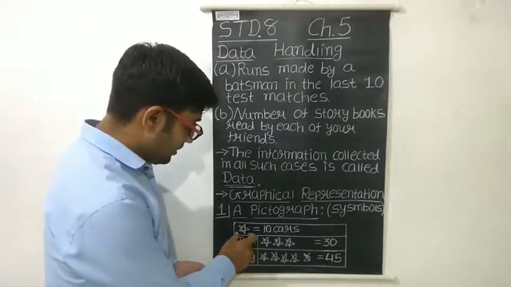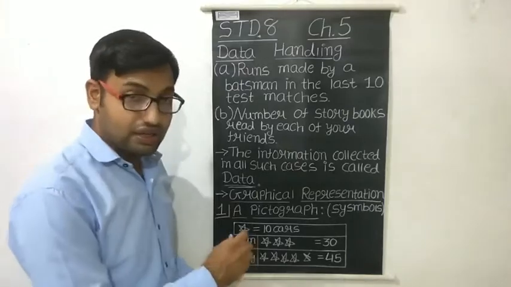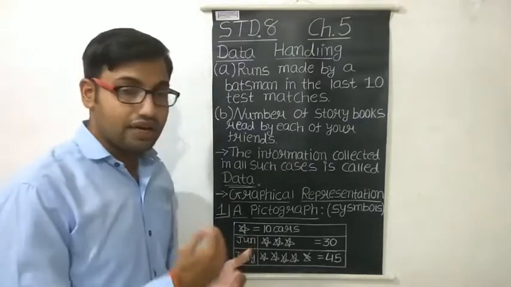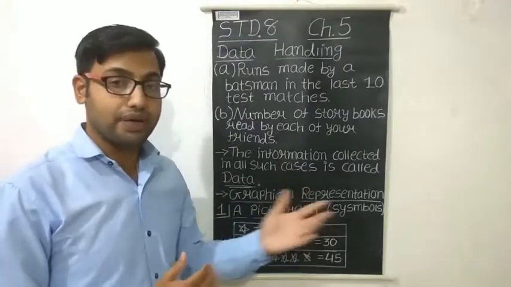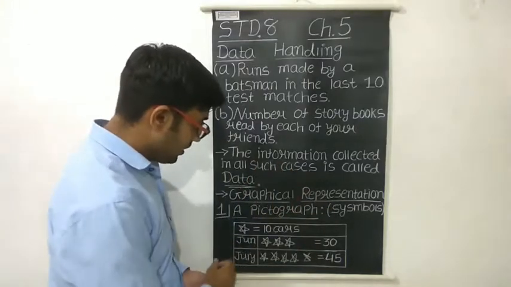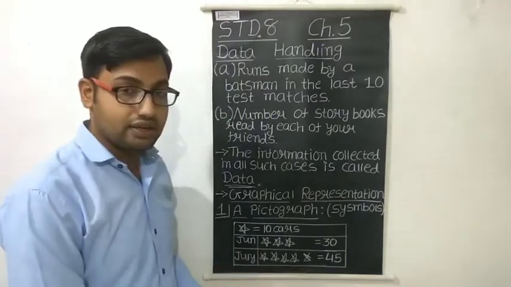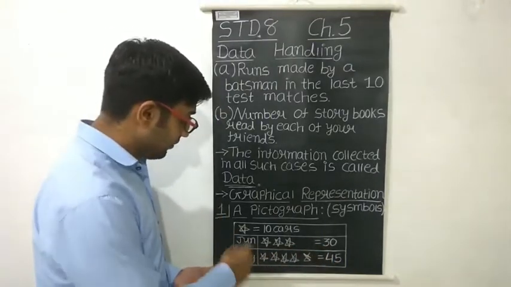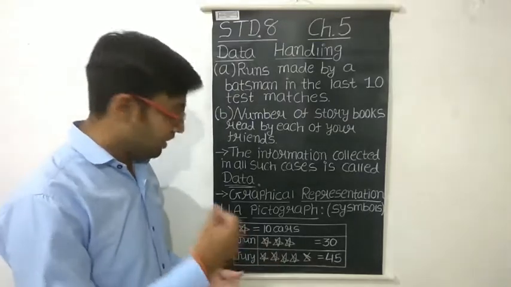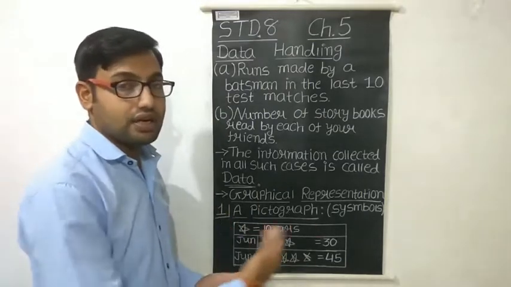Suppose this is the data of cars sold by a company. In June month, there are 3 stars, and 3 stars mean 30 cars, because one star equals 10 cars.